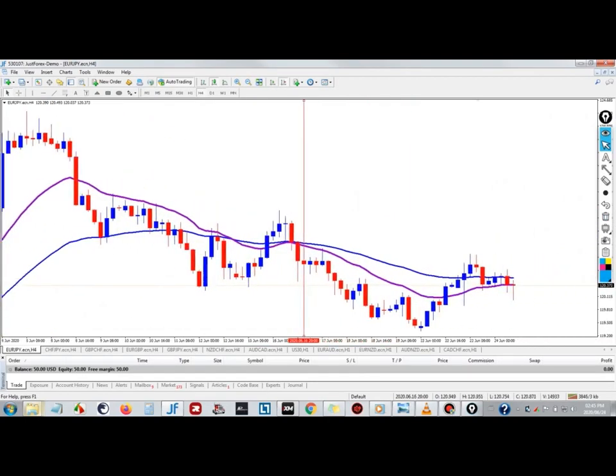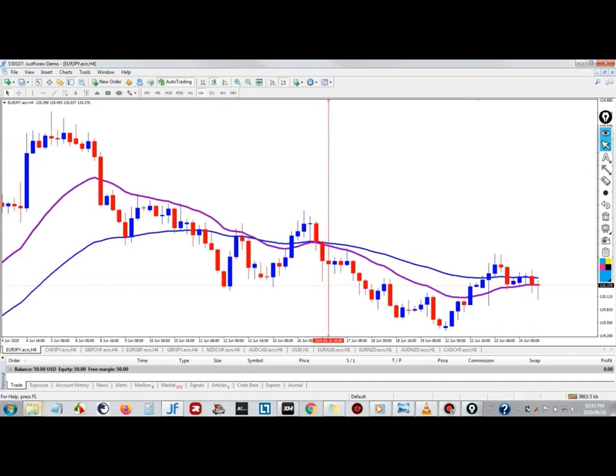So this could have been a good sell because on the 4 hour, as you can see, the purple moving average, which is the faster moving average, at that time it was crossing below the slower moving average, which is the 50, and even here it's kind of below the 50.